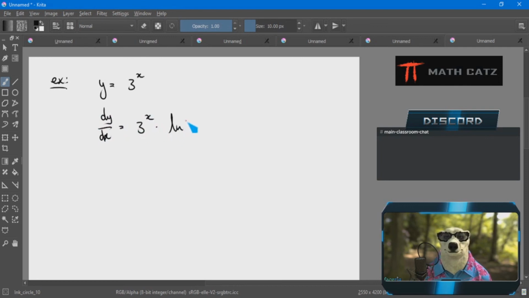But because the base isn't e, I have that number popping out. I just use brackets to make it clear this is a single number being represented. What is that number? Put it in your calculator. Who knows? I don't memorize these things. But it's that simple.